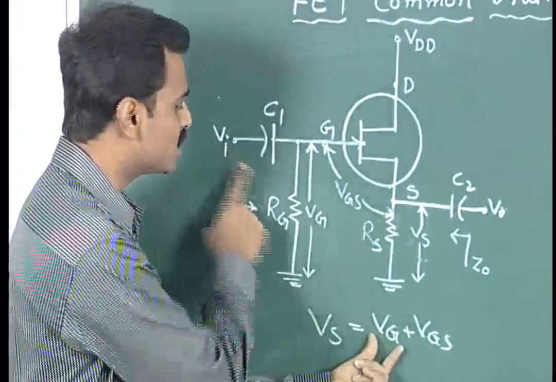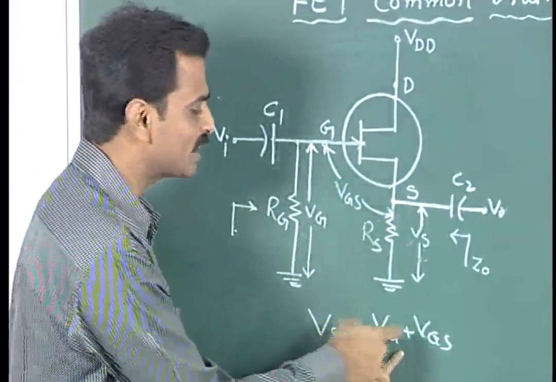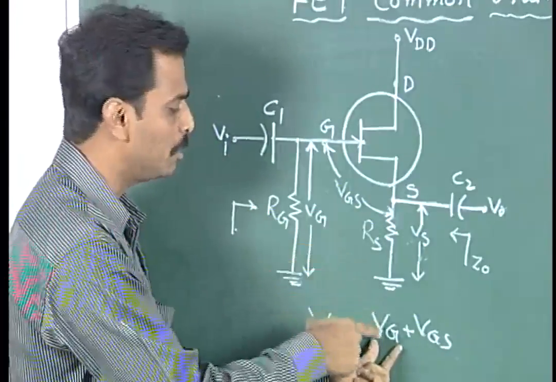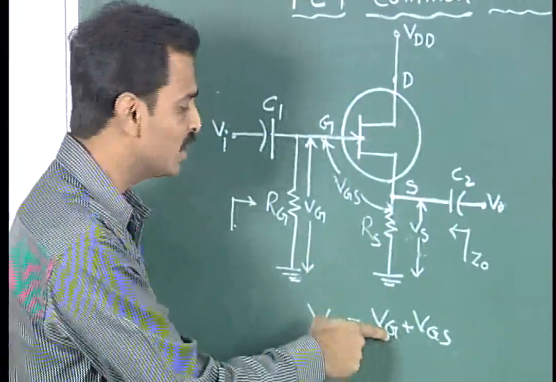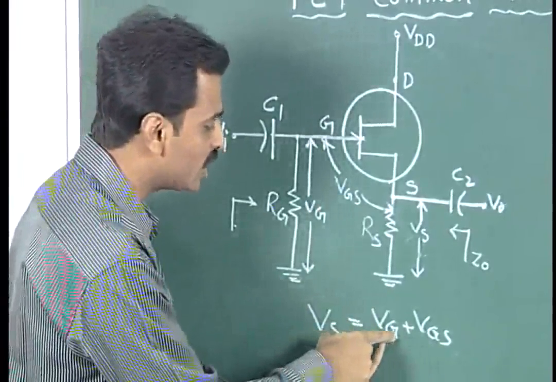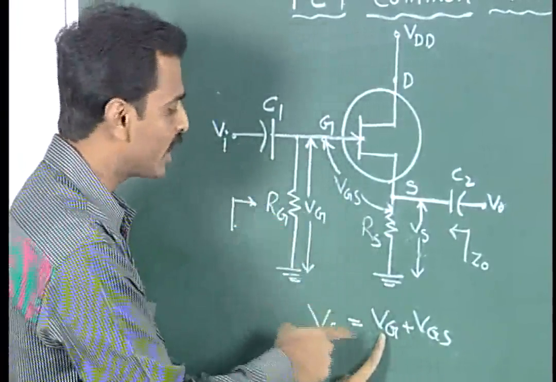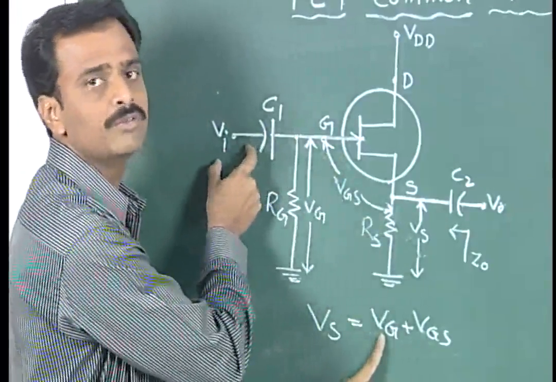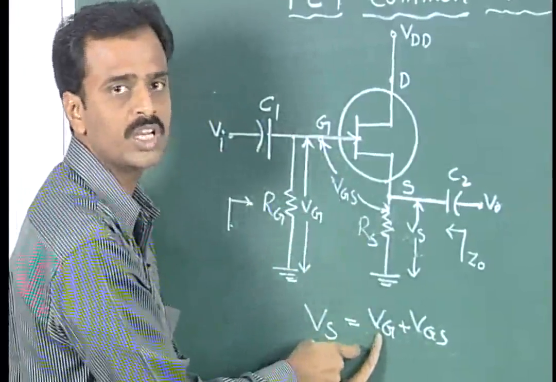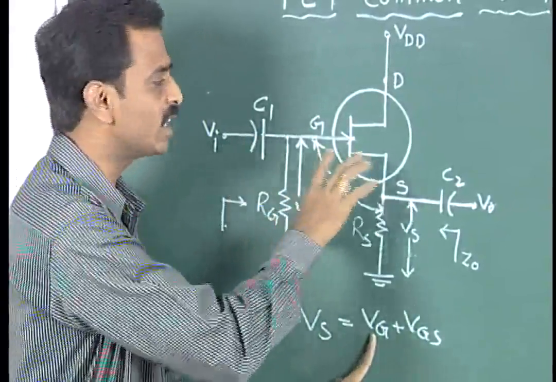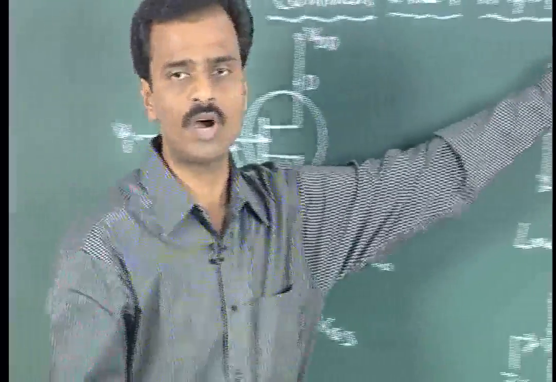As the input varies, Vg also varies. So as this remains constant, to whatever extent the input varies, Vg varies to the same extent. Hence, indirectly we can say that Vs depends on Vg, and further on Vi. So Vs can be obtained by variation in Vi, as the source voltage totally depends upon the variation of the input voltage. Hence, it has been named as source follower.